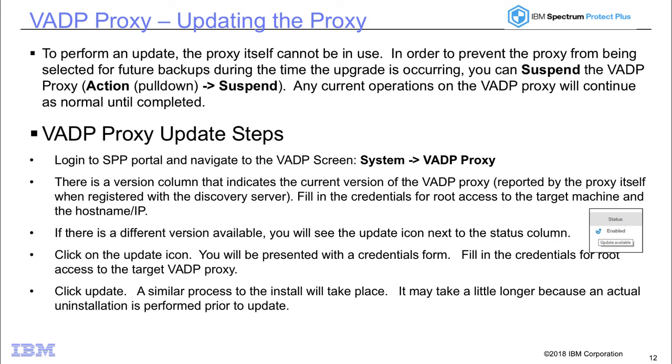And then you will go in there and basically look at the version column to see the current version of the VADP proxy. And if there's a different updated version available, you'll see the update icon next to the status column. And you will click the update icon. You'll fill in the credentials for root to access the VADP proxy, and you'll click update to update the software.